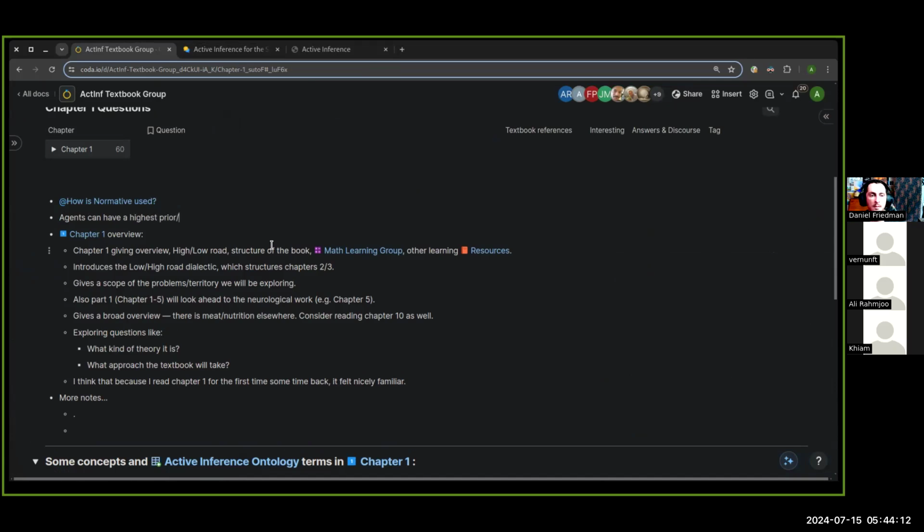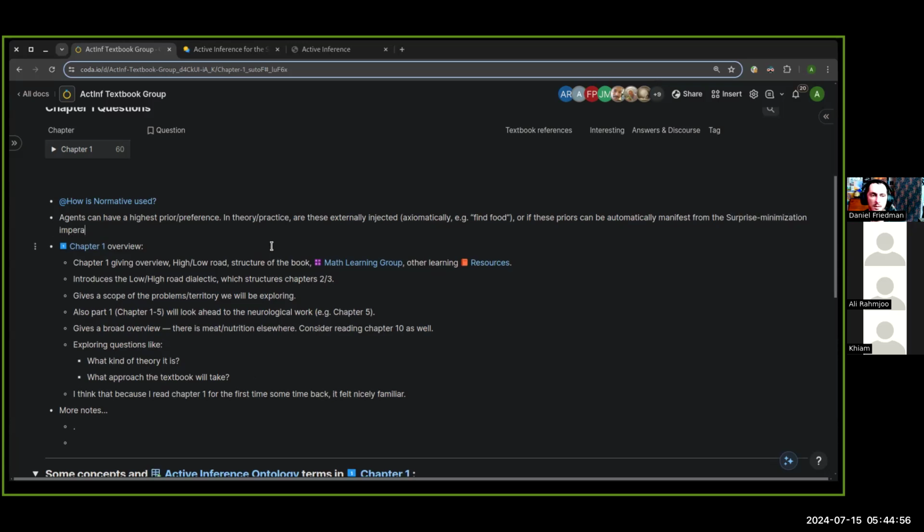I'm wondering if theoretically and practically, these policies are always externally, artificially injected as axioms, like find food, say, or if active inference is self-consistent, and these priors manifest automatically by the notion of minimizing surprise, or if the bias priors are artificially injected every time. Yeah, this is a great question. Anyone have a thought on it?